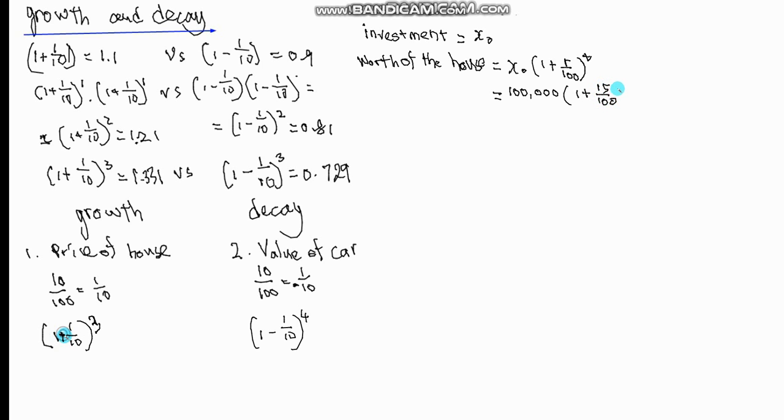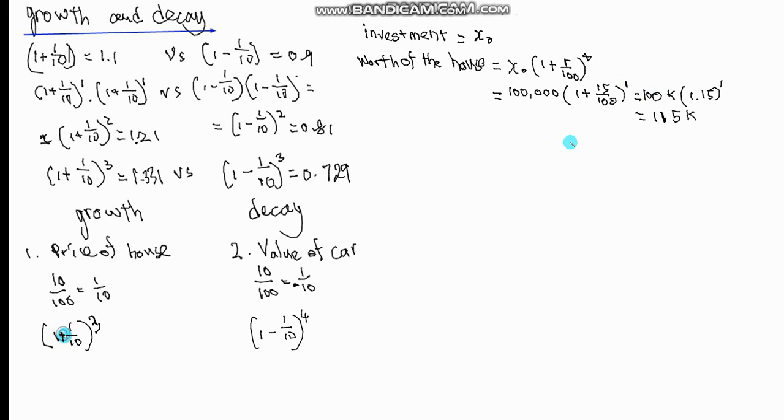Okay, now at the end of the first year, T equals 1. Your house is equal to 100, or let's put a K here. Okay, so it's 1.15 times 100K. So at the end of the first year, your house is now worth 115K.